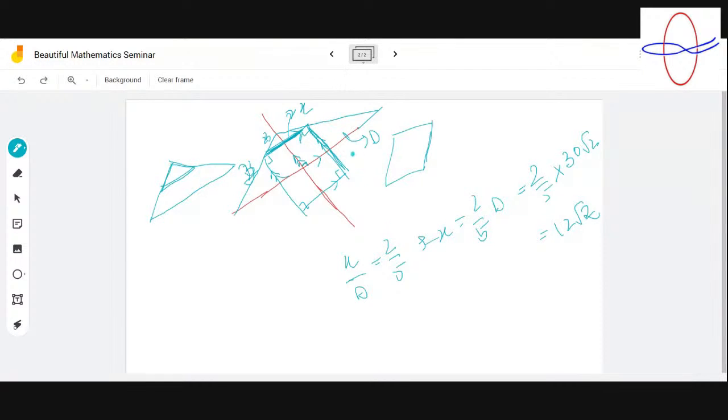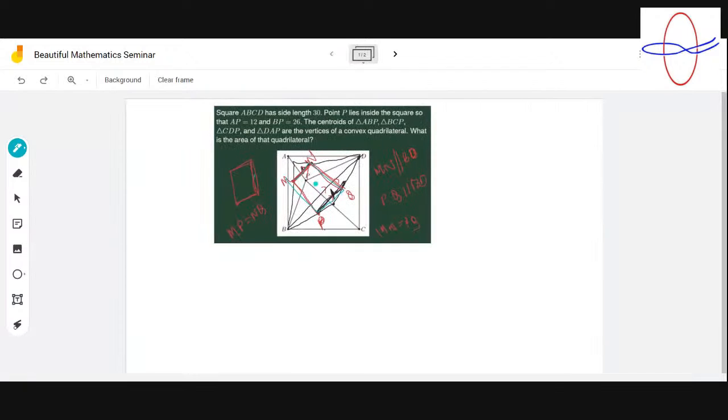Okay, so did you understand this? That both the diagonals have the same length. Therefore, this must be a square, right? Because the diagonals are dilated in the same ratio. So this must be a square, right? No, the idea is this one, guys. Understand this very carefully.